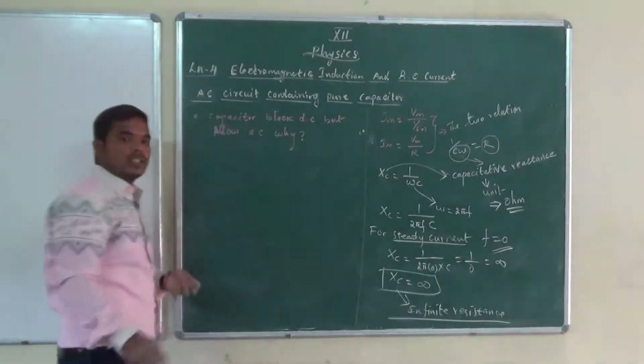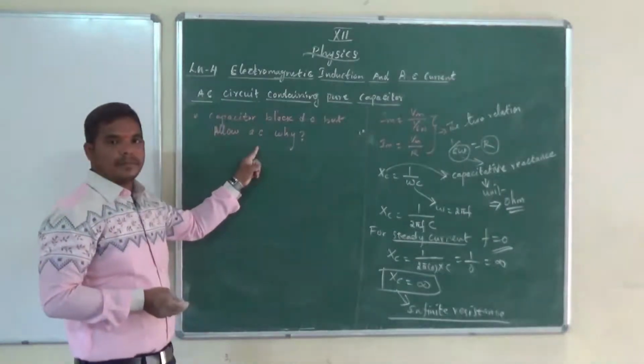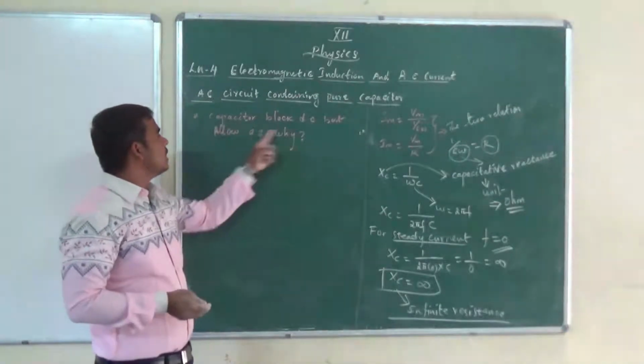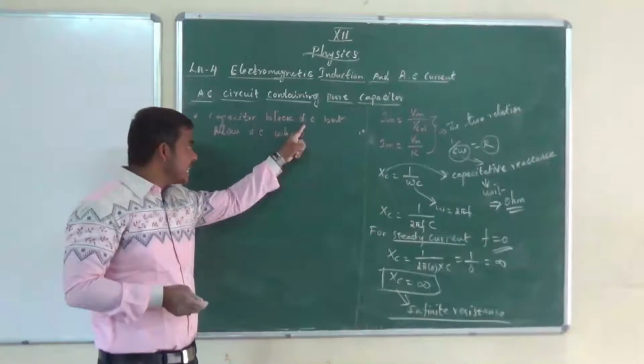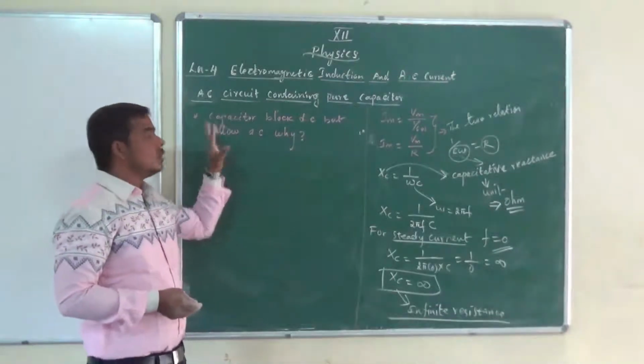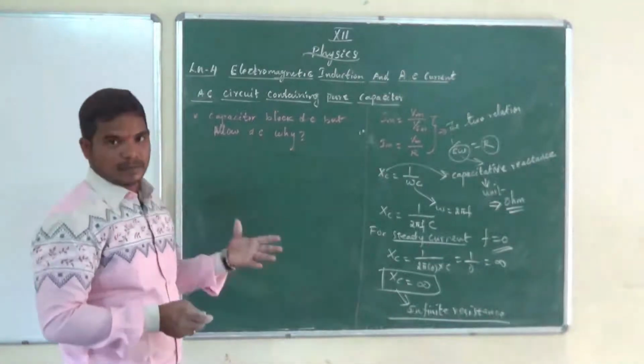I give you these two questions. Why? What is the reason? Capacitor blocks DC but allows AC. Inductor blocks AC but allows DC. So two different questions I gave; next class you will answer that.